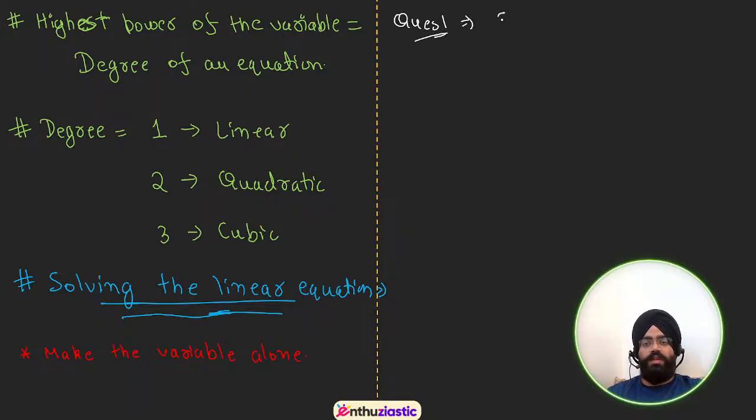Suppose the question says, solve x plus 17 is equal to 25. Let me tell you the meaning of the question first. You will see the question like this only. There is one word written there: it will say solve, and you have to solve it. But what is it that we need to solve?